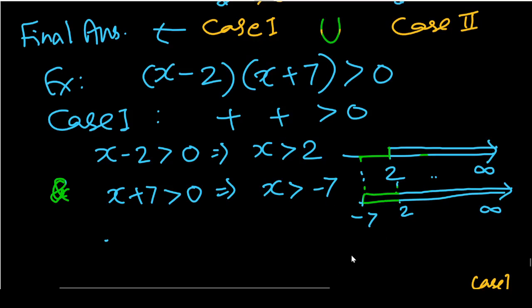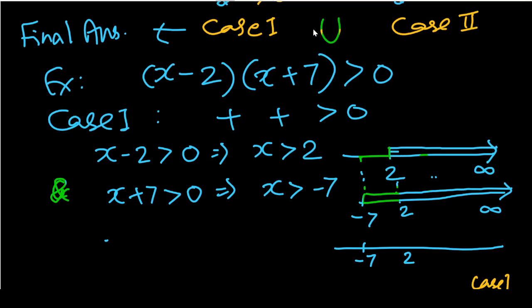So the end result would be nothing. So from -7 to 2, there won't be any answer. Now, if you see from +2 to infinity, and here also +2 to infinity, both have the answer common, which is +2 to infinity.